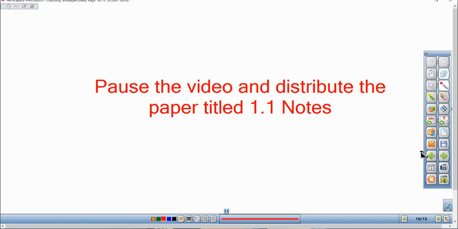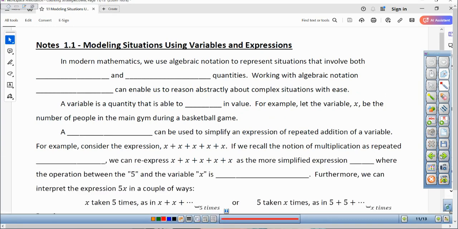We're going to look at some notes here. In modern mathematics, we use algebraic notation to represent situations that involve both blank and blank quantities. So I've already mentioned one of them that's new to us, specifically because we're now in algebra. The first day of school, I actually brought in the term algebraic, and I compared that to expressions that were just numerical.